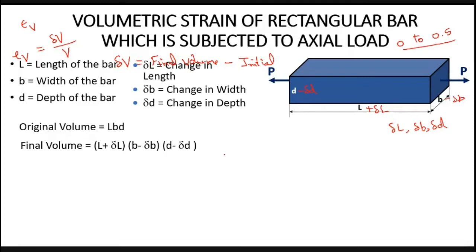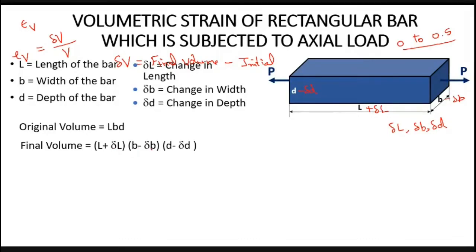What I am going to do is multiply this. You can try it out, you will get the same. For example, I am multiplying these two. L into B, I am considering. L into minus del B, considering. Plus del L into B, considering.